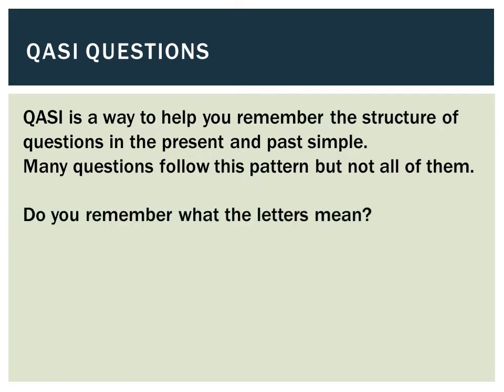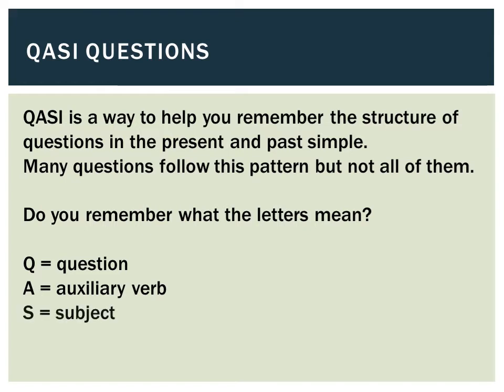Do you remember what the letters mean? What about Q? Q is the question. And A? A means auxiliary verb. That's do, does or did. What's S? S is the subject.